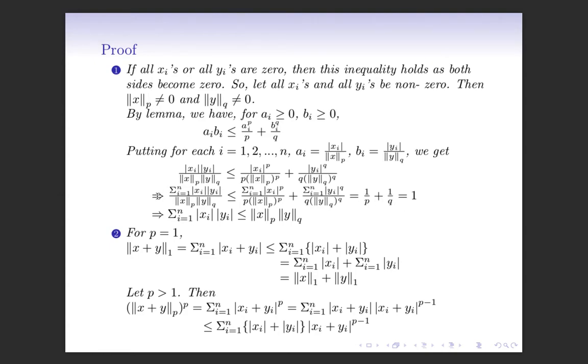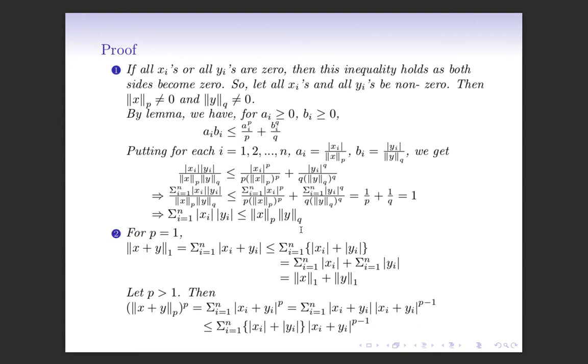And so from this inequality, the left hand side is less than or equal to 1, and that means summation mod xi mod yi, i varies from 1 to n, is less than or equal to norm p of x norm q of y. So we have proved Holder's inequality.